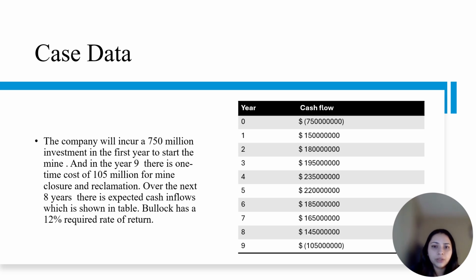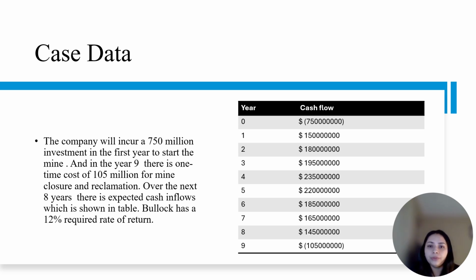For the first year there is an expected cash inflow of 150 million, in the second year 180 million, in the third year 195 million, and in the fourth year there is the highest expected cash inflow of 235 million.